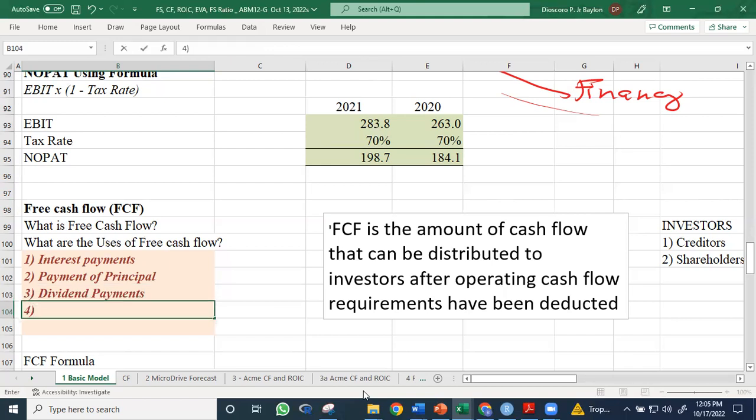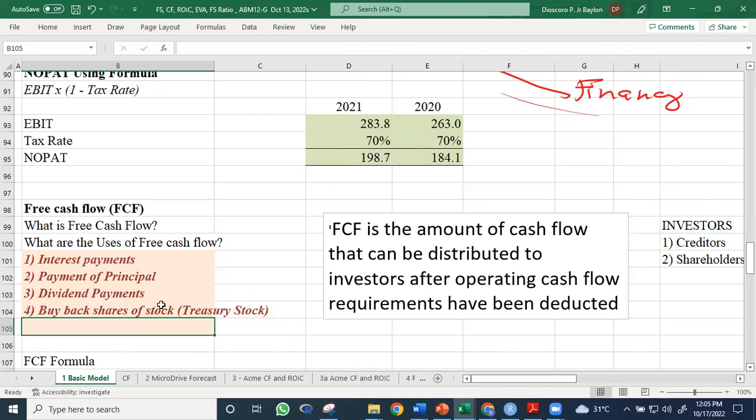And number 4, pwede dito yung buyback. Buyback shares of stocks or what we call the treasury stock. Okay, pwede yung company, bilhin niya, buy back from the market yung shares of stock.